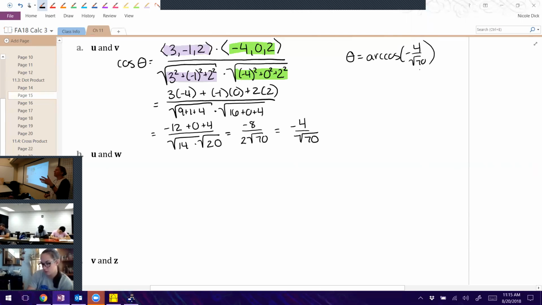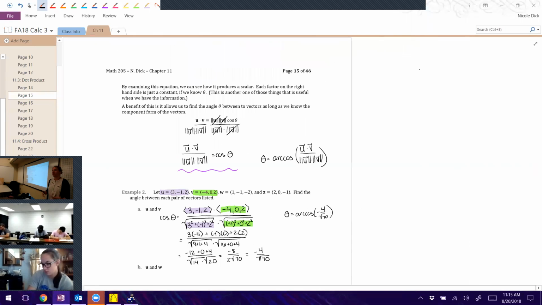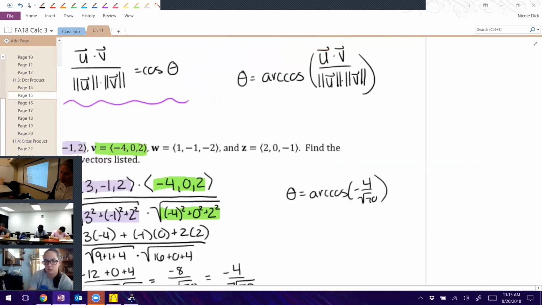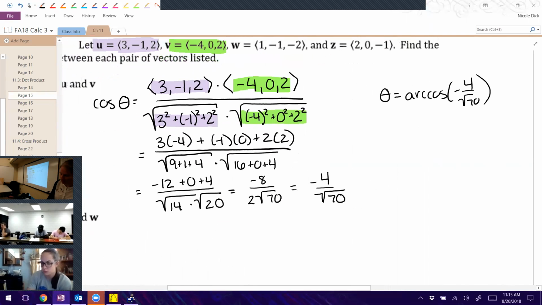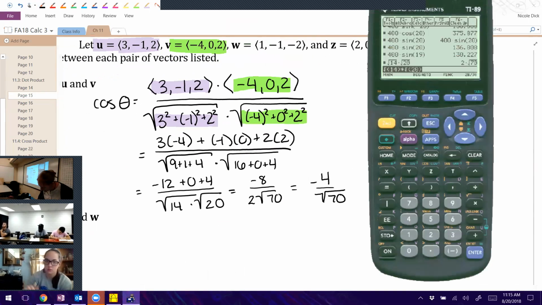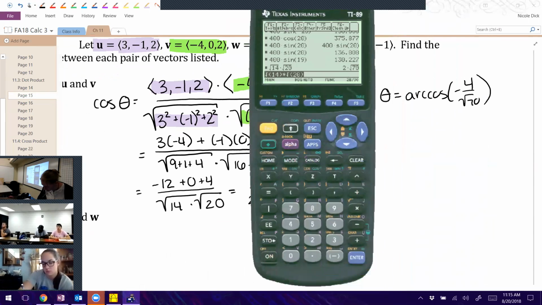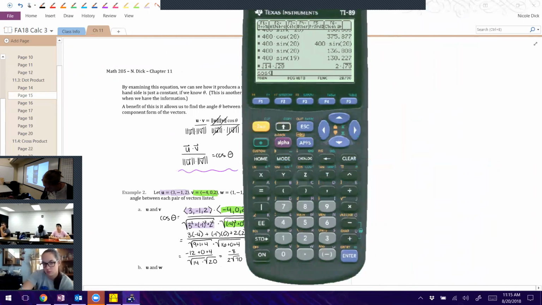I don't really care if you leave it in radians or degrees, just label your answer. Radians are a nice default, especially for upper level math, but degrees are fine too. I think my calculator right now is in degree mode, so I'm just going to leave it as is. So arc cosine of negative 4 divided by square root of 70.